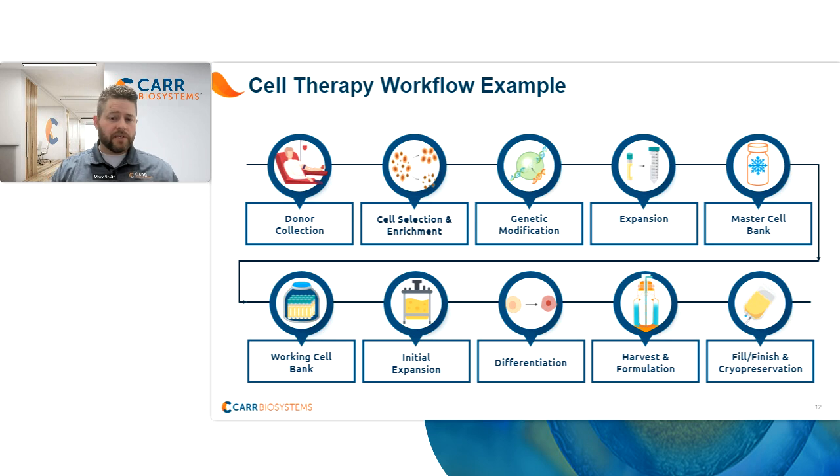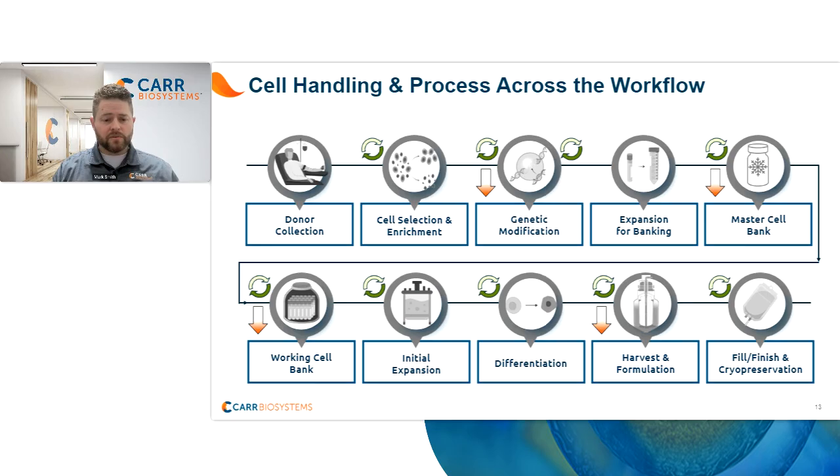Well, from our experience, we see lots of places where the cell handling, where media buffer exchanges as well as concentration, can really optimize the performance and the repeatability of a given unit operation or process. And so really across everything, there's a great opportunity to have a good technology to enable your unit operations.